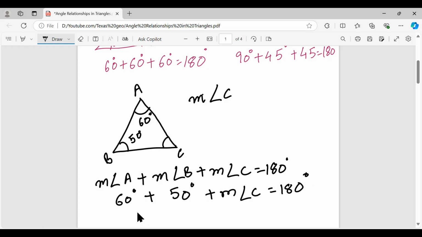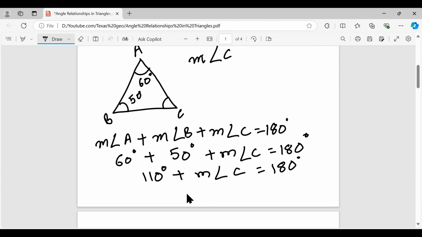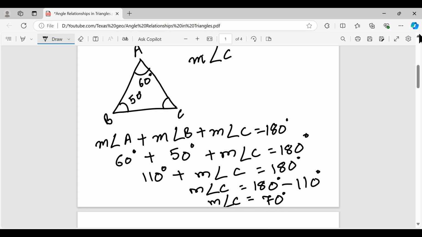So this is 110 degrees plus measure of angle C is equal to 180 degree. Now bring 110 to other side and you get the measure of angle C: 180 degree minus 110 degree. So measure of angle C is 70 degrees. Easy? Yeah.